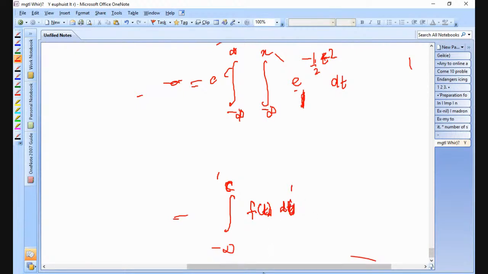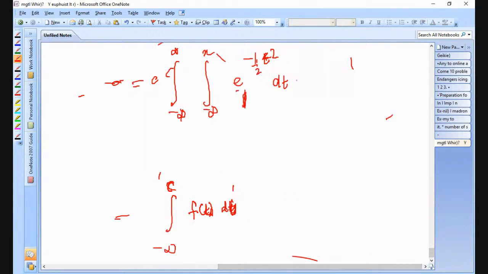So let's write it out over here: e to the power minus, some constant of course. Okay, I understood it now. It's x. Oh god.